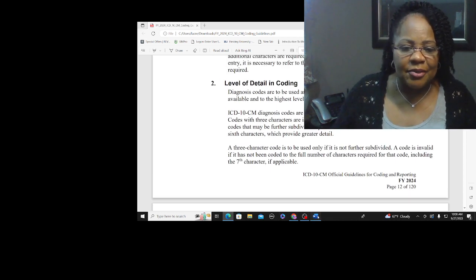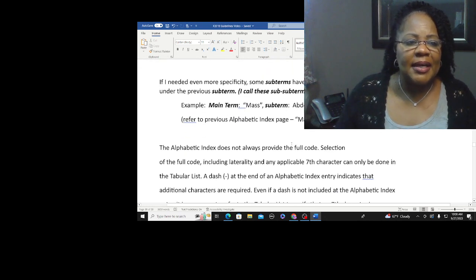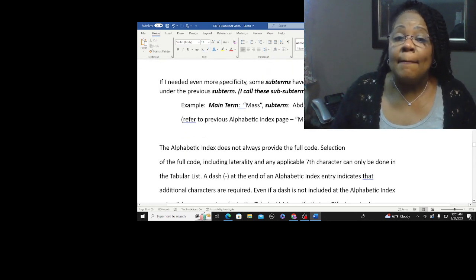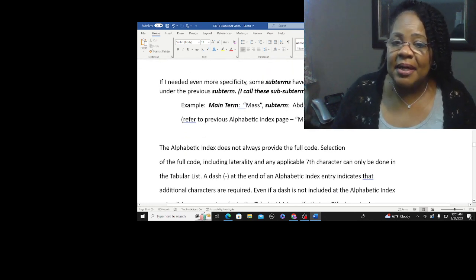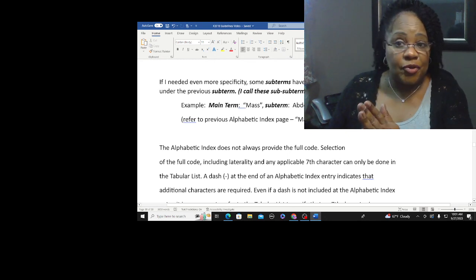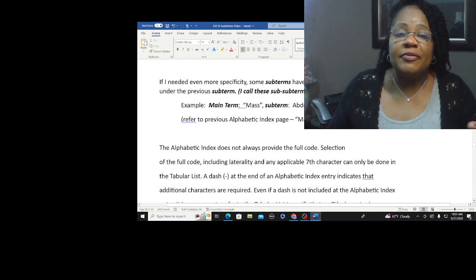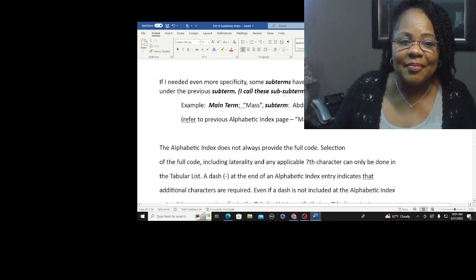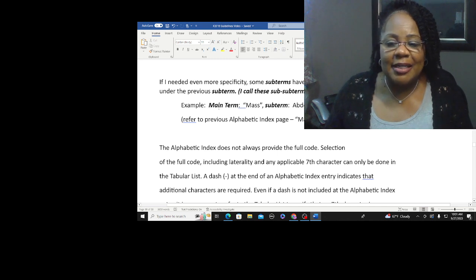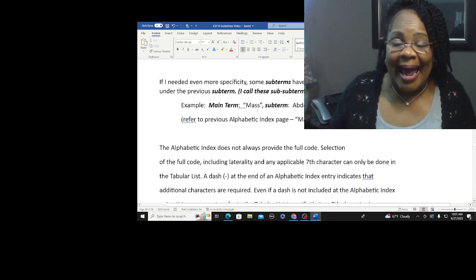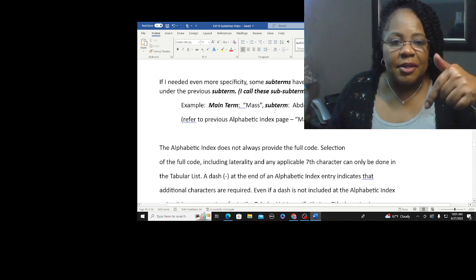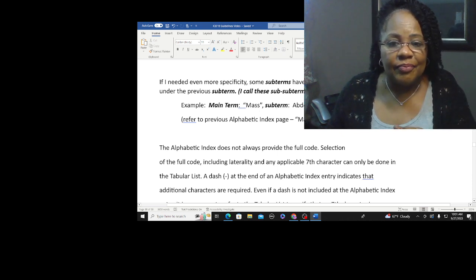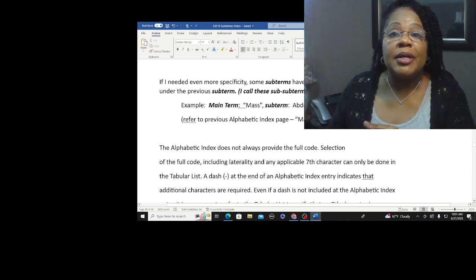And I tried to make this a little clearer here where I said, if I needed even more specificity, some subterms have additional subterms indented further to the right under the previous subterm. I call these sub-subterms. For example, with the main term mass, underneath there's a subterm abdominal, and then there's a sub-subterm epigastric.